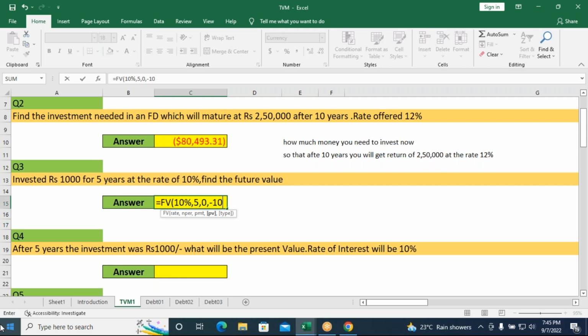Now, am I looking for the end of the period or beginning of the period? End of the period. Yes, future value means I'm looking for the end of the period. So I close the parenthesis, enter. After 5 years, if I invest 1,000 rupees, I'm going to get 1,610 rupees.